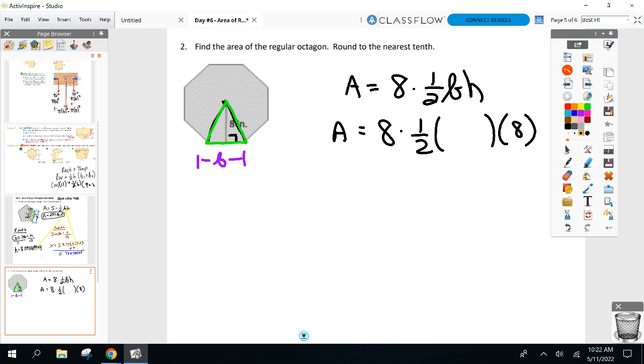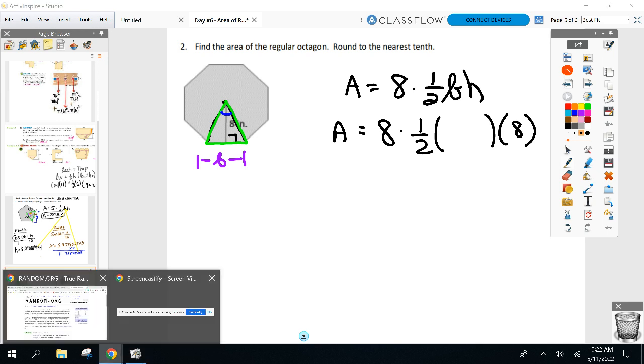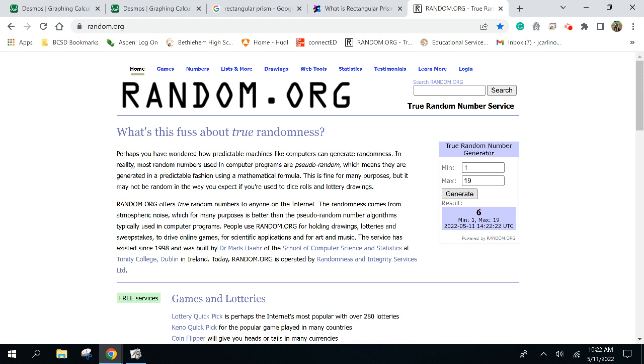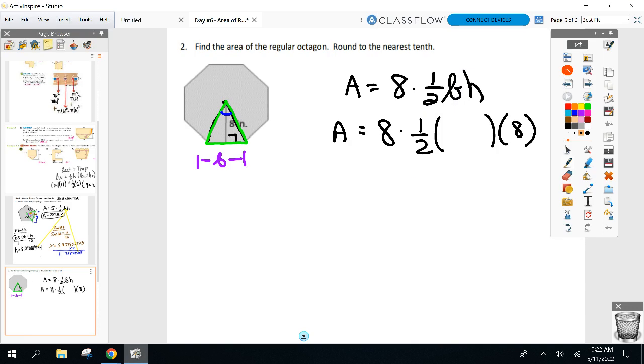What do you get for the full central angle there, not the cut in half one yet? 45? Yep. Don't get crazy though and think, ooh, wait, I can use my 45. No, because that 45 is being cut in half now by the height. We're not using 45. We're using 22.5 degrees. Yikes.